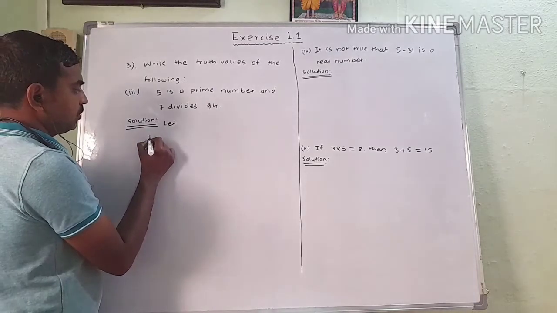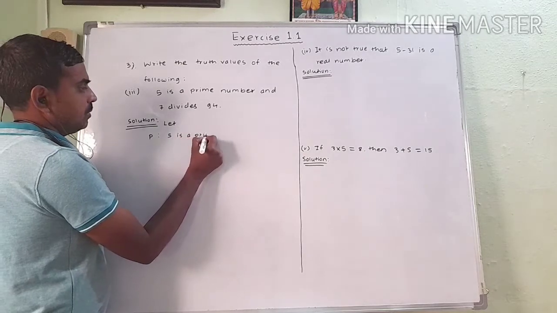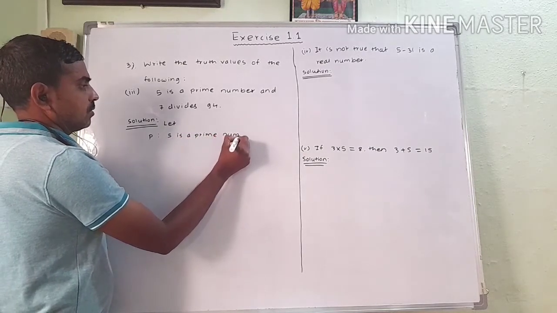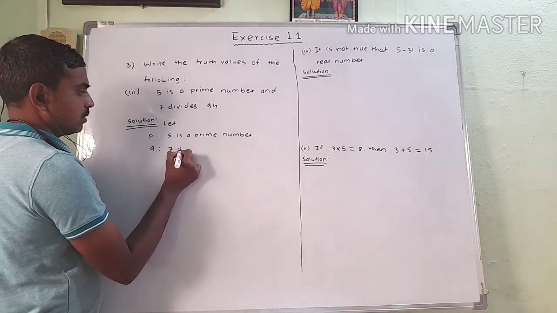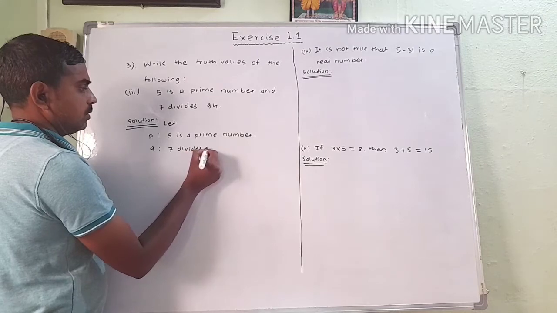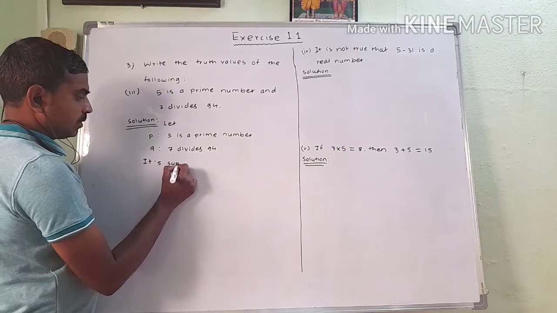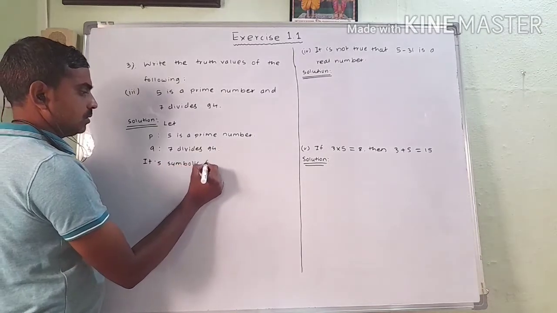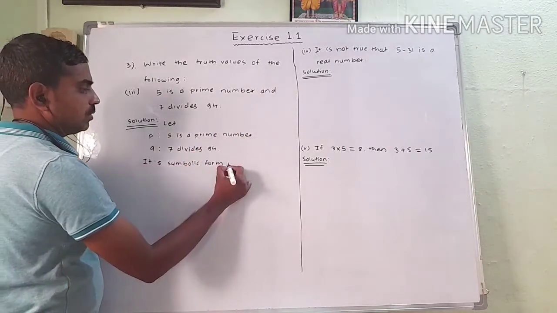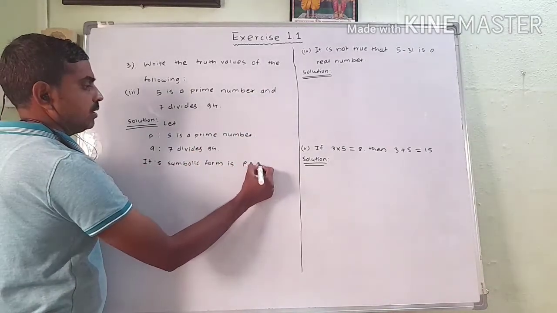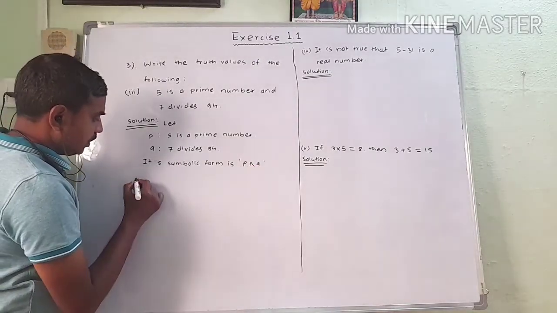For this purpose, first of all, we will write: P stands for 5 is a prime number, Q stands for 7 divides 94. Therefore its symbolic form, what is the connective here? And is the connective here. Therefore its symbolic form is P and Q. This is the symbolic form.